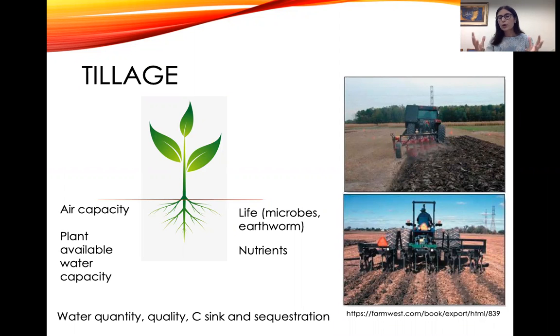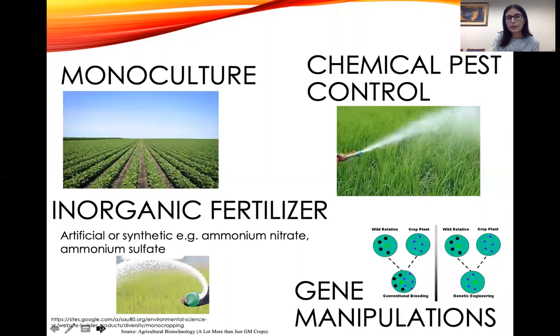And we know that the soil is a sink for carbon dioxide. And every time you disturb the soil, you allow the carbon to be oxidized and then released back into the atmosphere again. And then a lot of other things, such as the water holding capacity that we discussed in the lithosphere, etc., and the water quality, the soil quality, they're all impacted because you're now changing how the soil actually was sitting there.